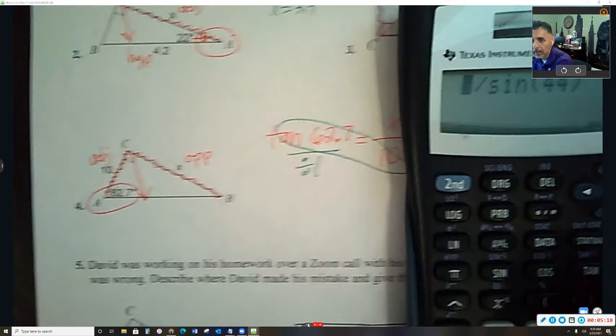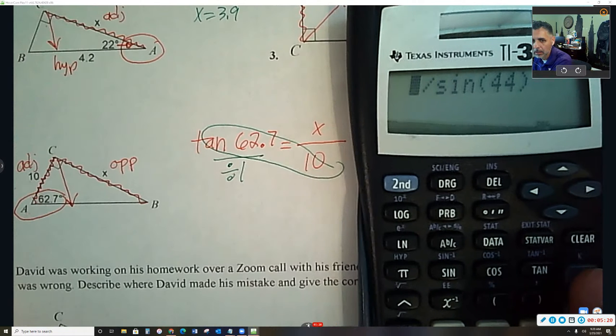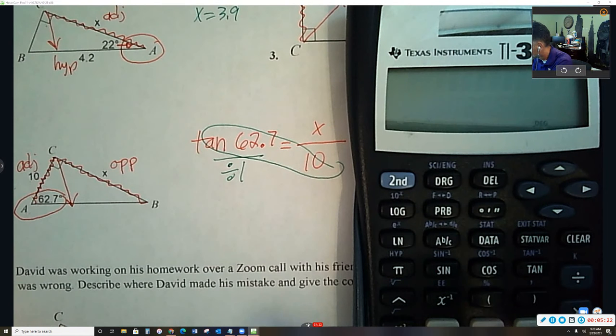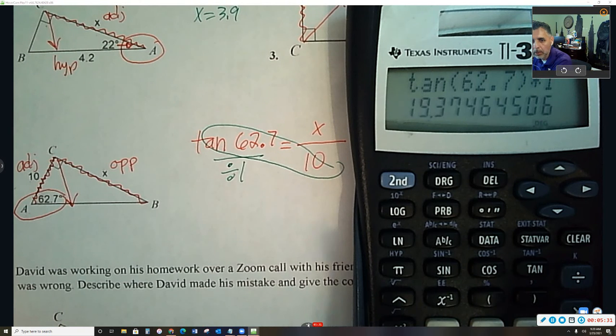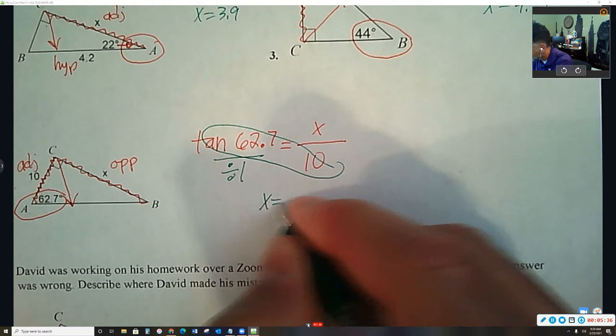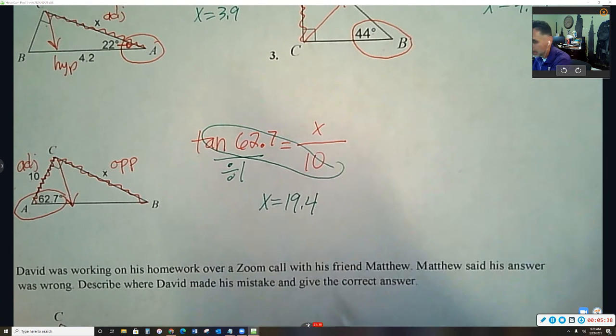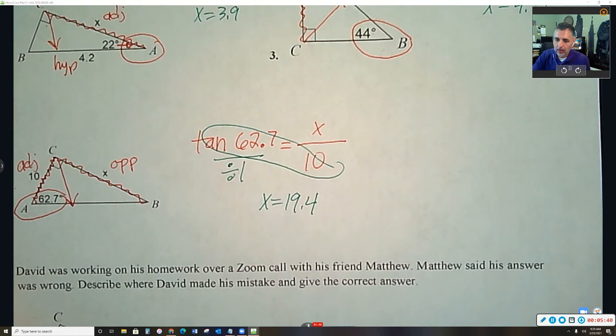Type that in the calculator. Tangent of 62.7 degrees, close that, times 10 divided by 1, 19.4. Pause it, then we got the last one.